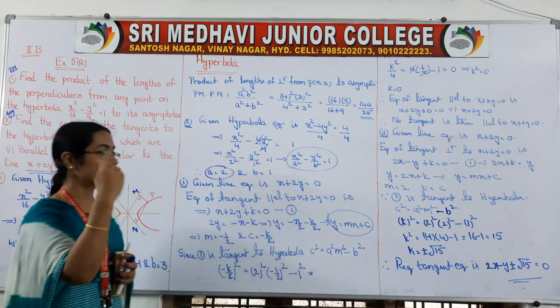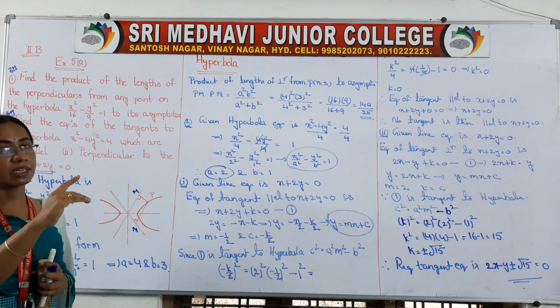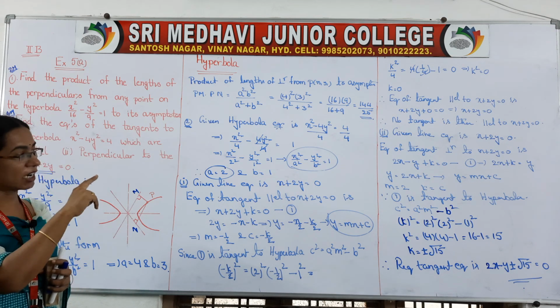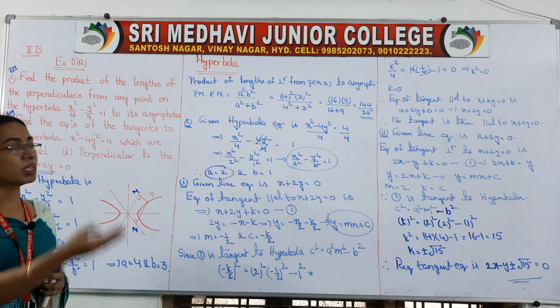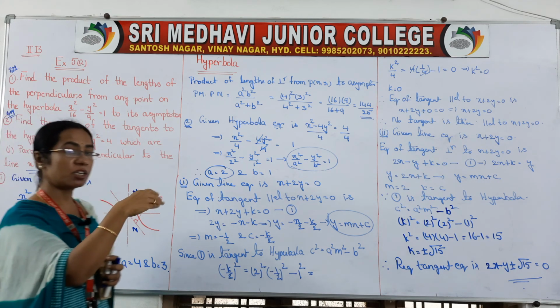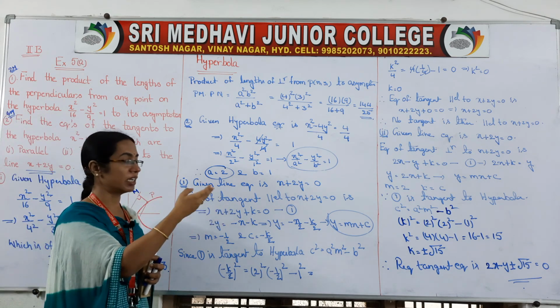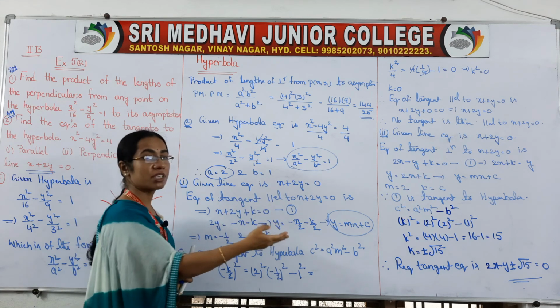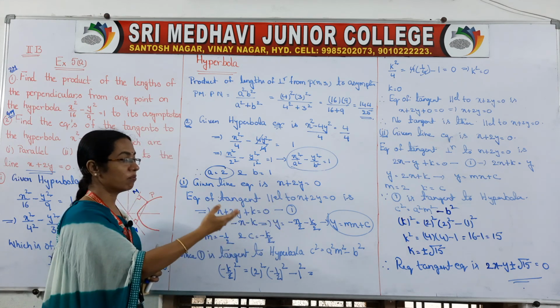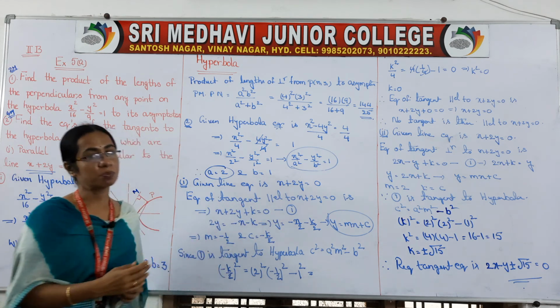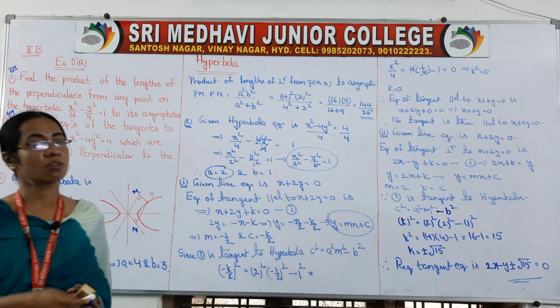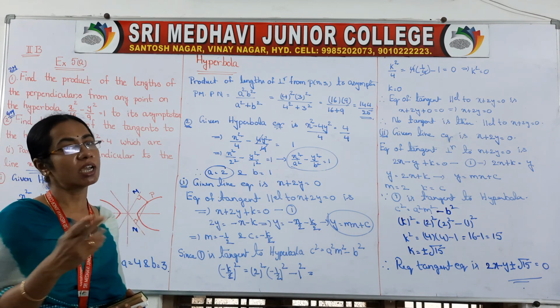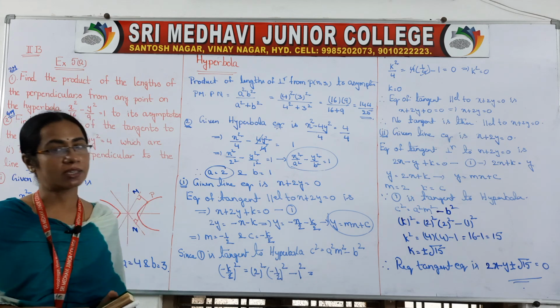For that, first reduce the given hyperbola into standard form and get your a and b values, then reduce the line equation into the form y is equal to mx plus c, so that you get your m value and c value. Substitute in the condition for a line to be a tangent to the hyperbola, and you will get your answer.